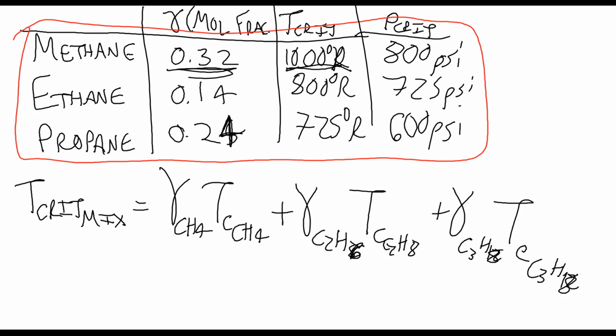Cool. One other thing to note, so that's how to correct it. One other thing to note before you plug T crit mix into this: in addition to doing this with all of your hydrocarbon components, you also need to make sure that you do it for your C7 plus components.